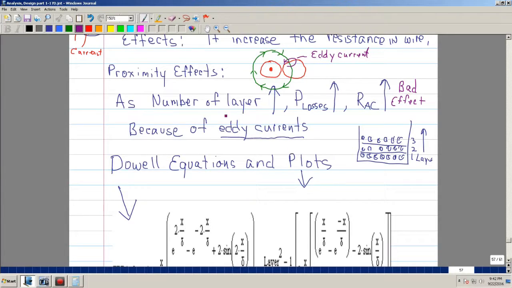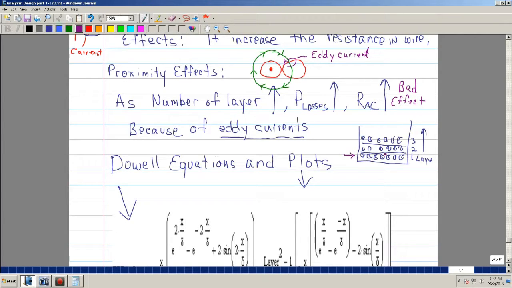Okay? And when I say number of layers, remember, the main goal when you're winding your transformers is to wind them in one layer. But you may have a situation where you have a lot of turns and you can't fit them in one layer, so you might have to use up one layer, a second layer, and a third layer.